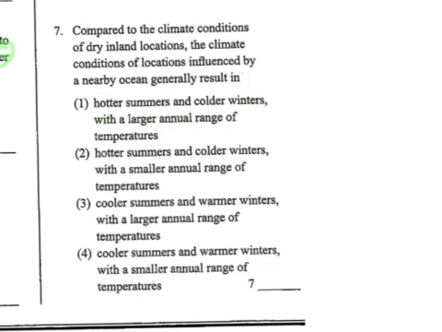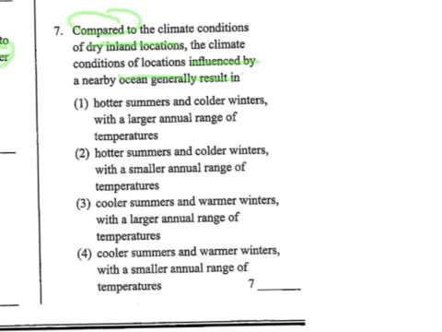Compared to the climate conditions of dry inland locations, the climate conditions of locations influenced by a nearby ocean generally result in. So we are comparing land to water climates.